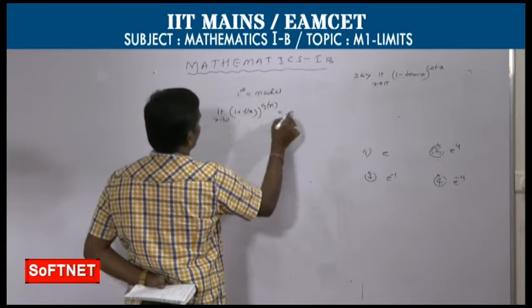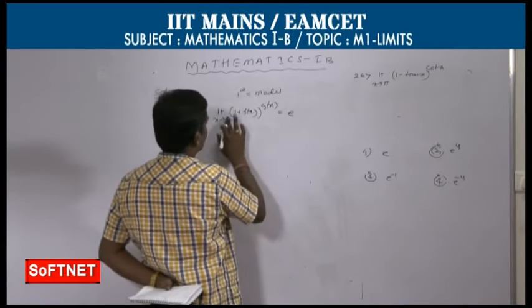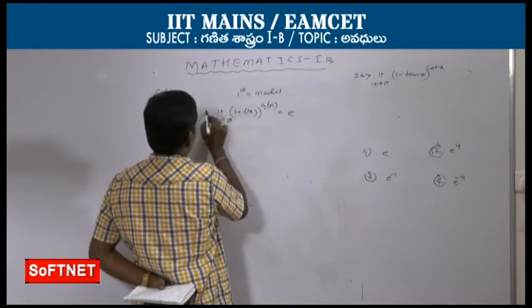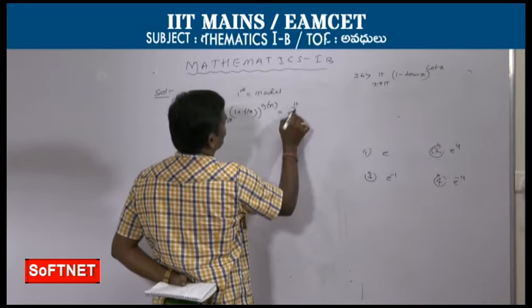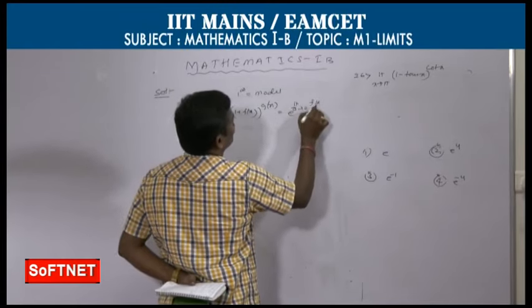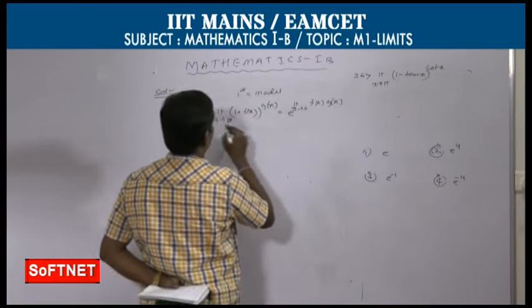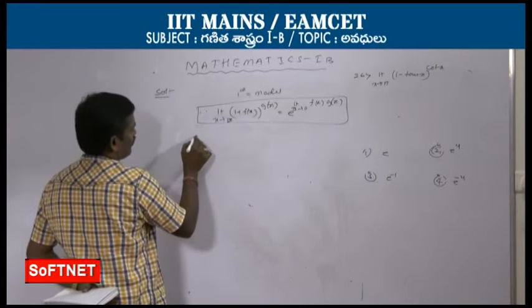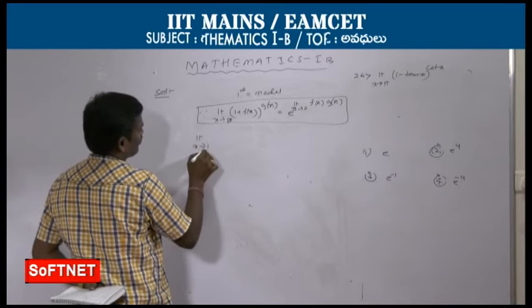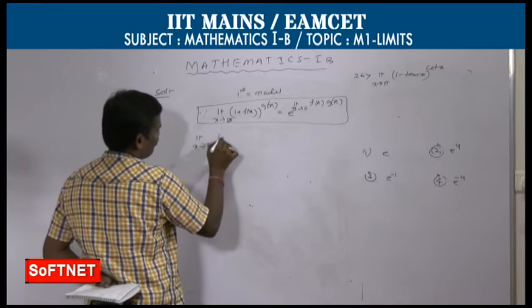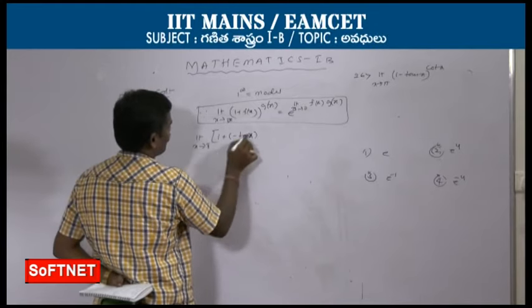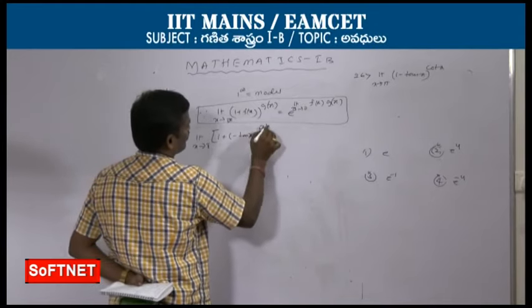That answer is what? Here x tends to pi, here it is 0. This is a formula model. So limit x tends to 0, f of x into g of x. So we are going to use this model. So limit x tends to pi, 1 plus minus tan x to the power cot x.